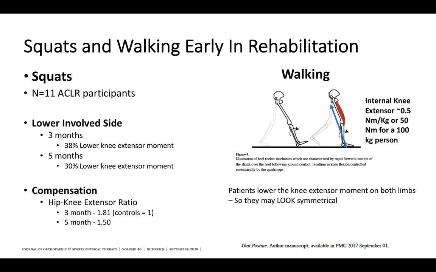It's not that easy to see because it's symmetrical. So there's a symmetrical decrease, but overall it's lower than normal. The normal knee extension moment is about 0.5 Newton meters per kilogram, or 50 Newton meters for a 100 kilogram person.